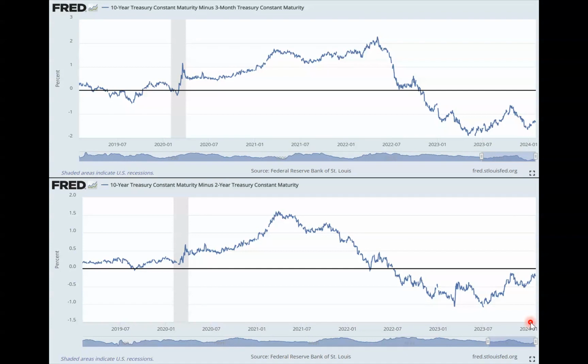So the bottom is more or less a predictor of what will happen with the top. The bottom is showing an un-inversion. It's almost close to zero, so it's almost completely uninverted, and this one should follow. And when this happens, it can happen very fast. In a matter of a month, for example, you could see this un-inversion, and then we have the recession.